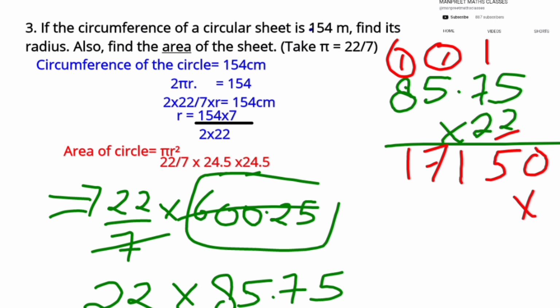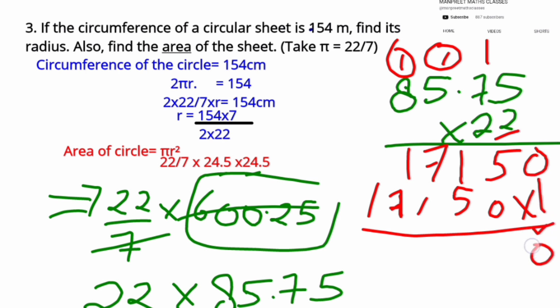Let's write it 0 5 1 7 1. Now what we do? We add the numbers. So let's add them. 0 will come like this. 5 plus 0 5, 5 plus 1 6, 7 plus 1 8, 1 plus 7 8 and then 1.